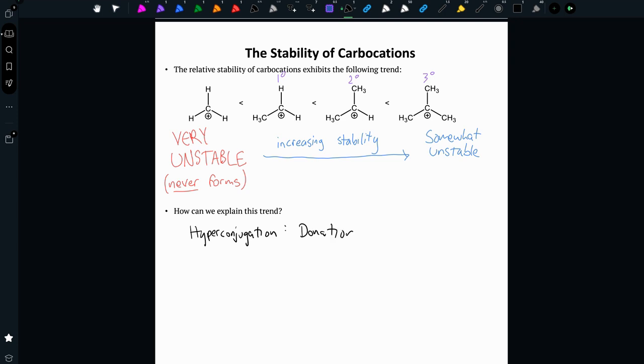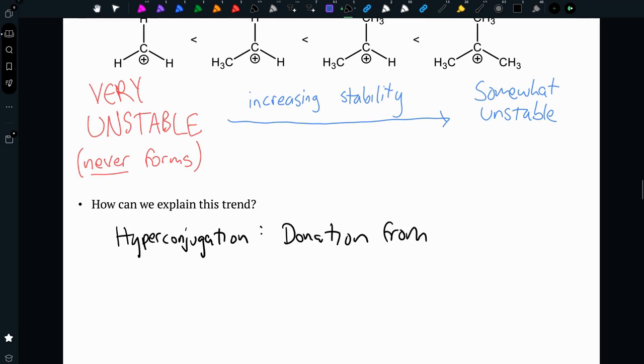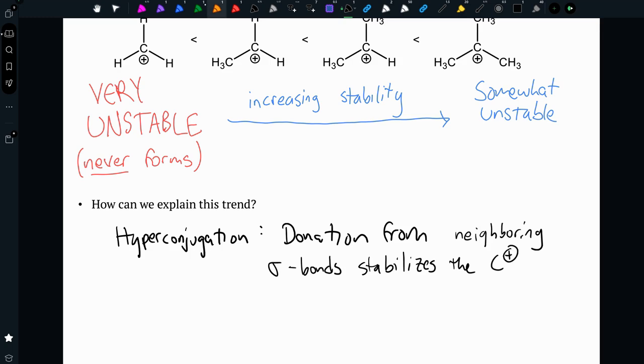And that was the donation from neighboring sigma bonds stabilizes the carbocation. And as we move to the right in this chart, we had increasing hyperconjugation.